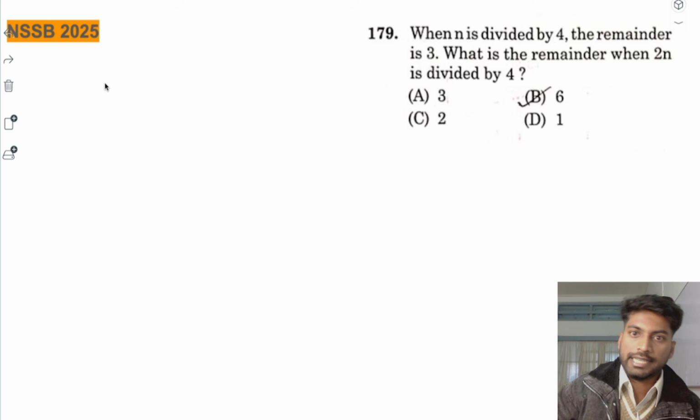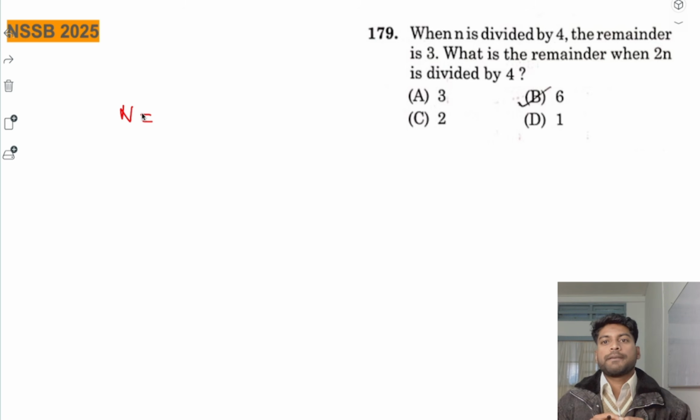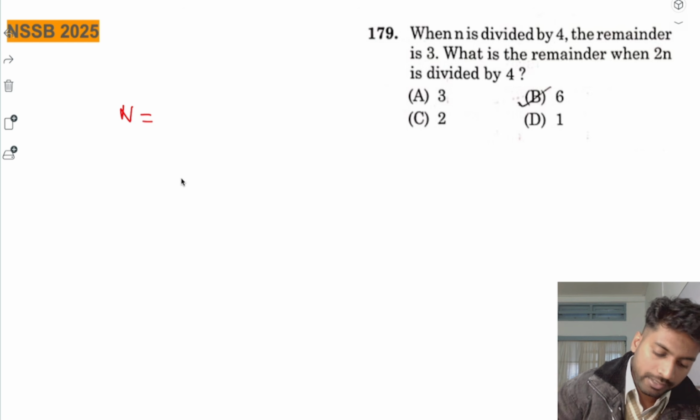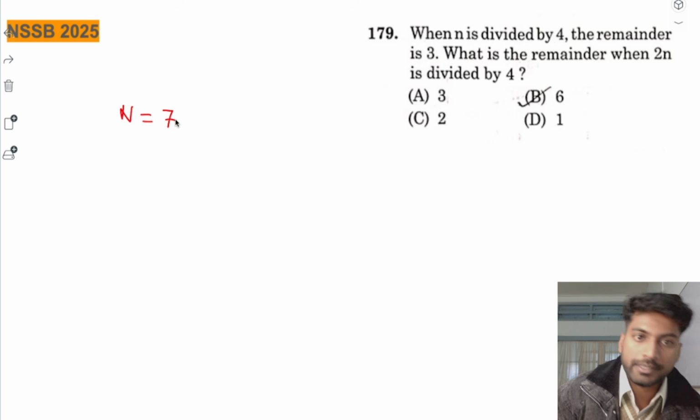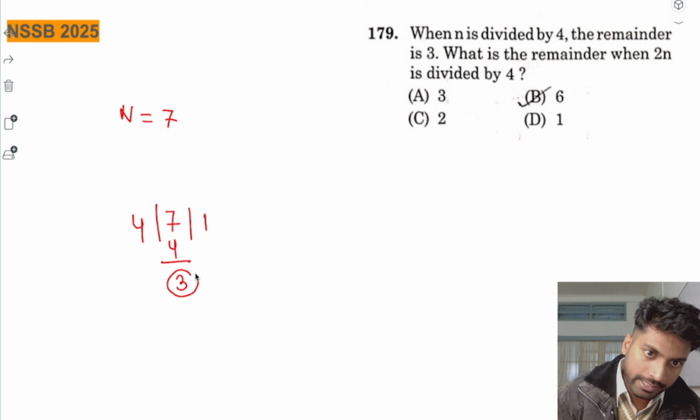Just assume n. n क्या ले सकता है आप? I'm dividing a number by 4 and I'm getting 3 as a remainder. So definitely the minimum number should be 7. देखो क्योंकि 7 को अगर हम डिवाइड करेगा 4 से, so 1 time it's 4 and the remainder is 3.